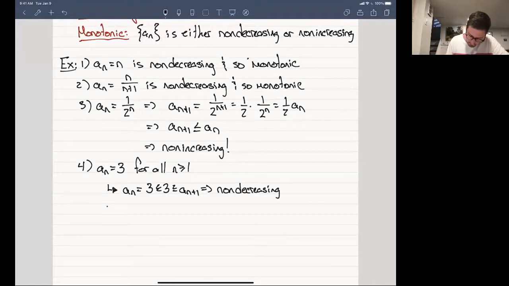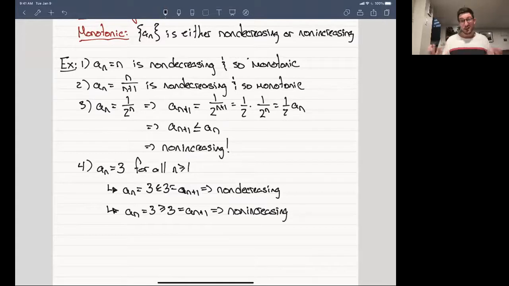But also you can repeat that argument and you can say an equal to 3, which is greater than or equal to 3, which is equal to an plus 1. Sorry, this should be an equality, of course, which tells us that I'm also non-increasing.